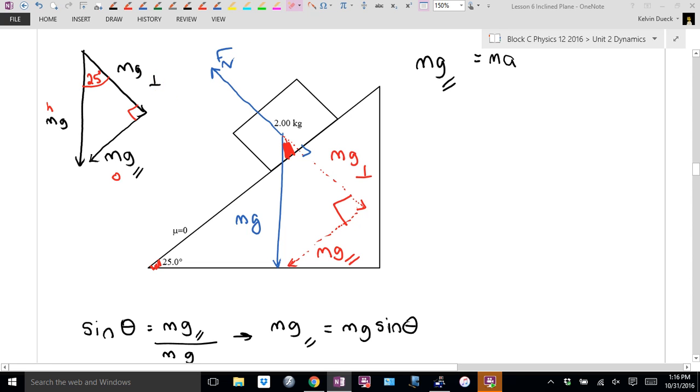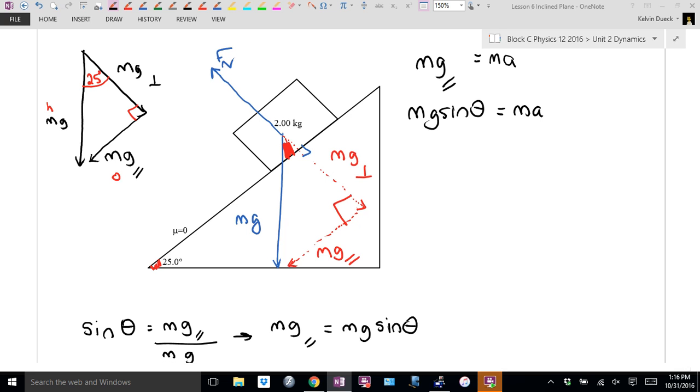Of course it is, cosine. So over here, I can replace this with mg sine theta equals ma, because parallel is sine.